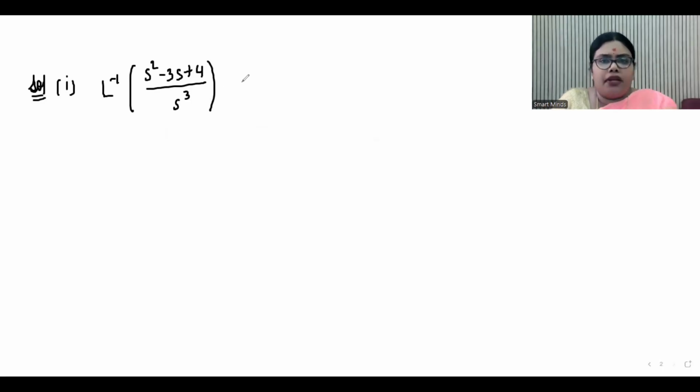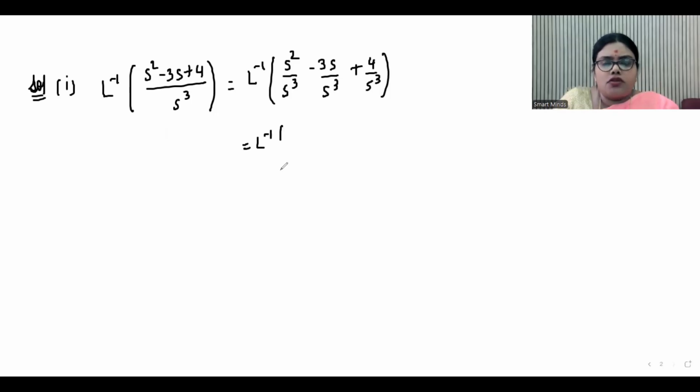Now you can separate this. That is L inverse of s square by s cube minus 3s by s cube plus 4 by s cube, that is L inverse of 1 by s minus 3 by s square plus 4 by s cube.